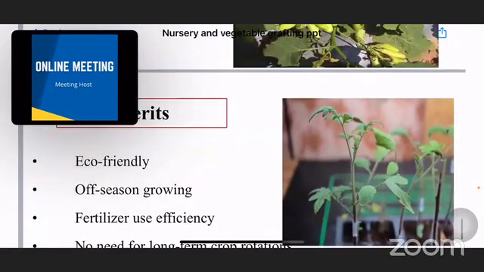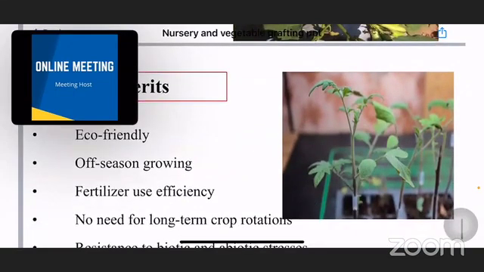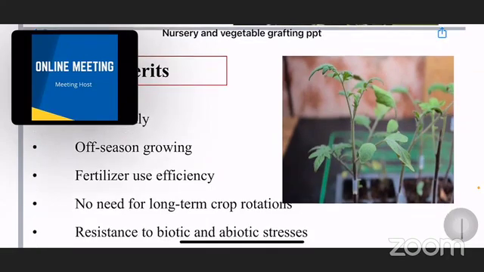Then coming to the merits of vegetable grafting, this is eco-friendly. As I told, here we are not using any chemicals. Naturally, whatever the climatic condition is, we use the vigor of the rootstock and its potential. So it is very eco-friendly, and off-season growing is also possible.